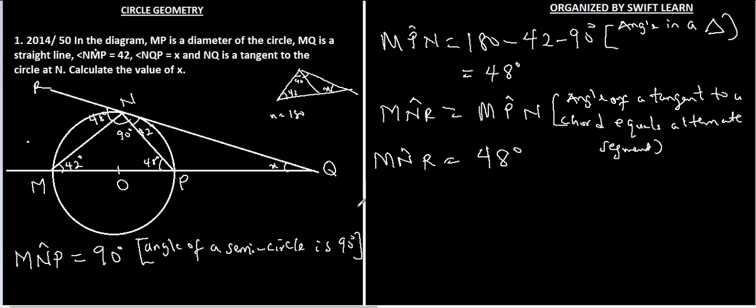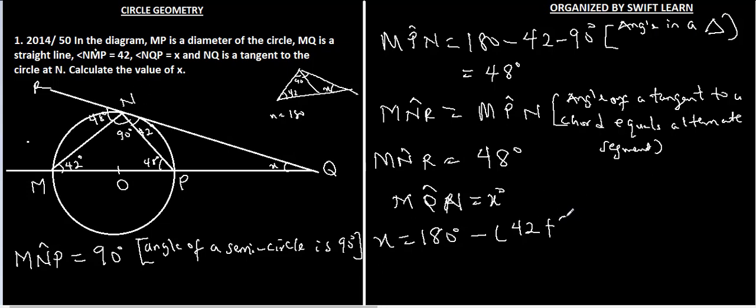Now to get my X, remember that MQR is equal to X degrees. Oh, sorry, I would have said MQN, not MQR, because the angle stops here. It is X degrees. So how will I get this? The angle in the triangle is 180 degrees. So X equals 180 degrees minus 42 plus the next angle here, which is 90, plus 42 degrees.